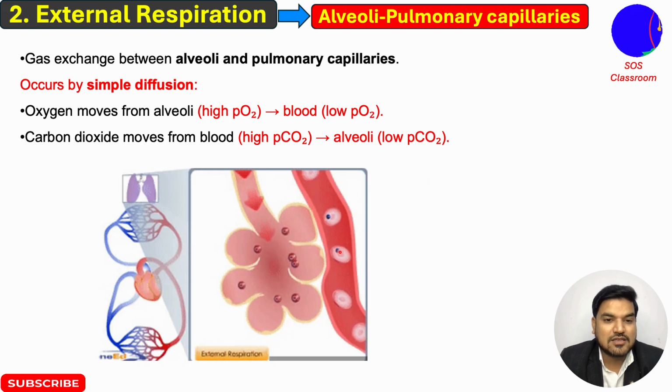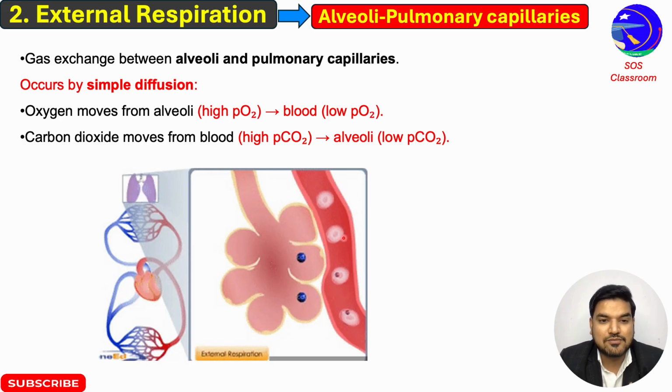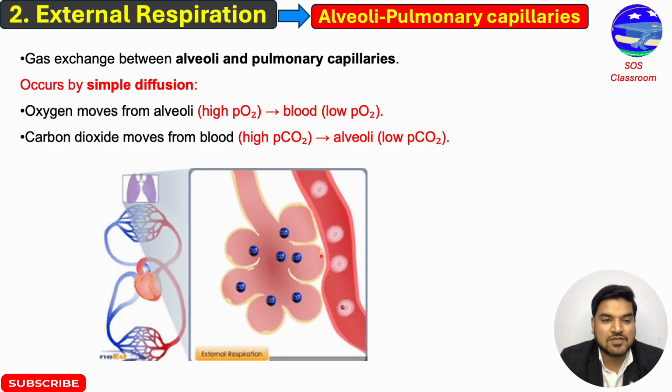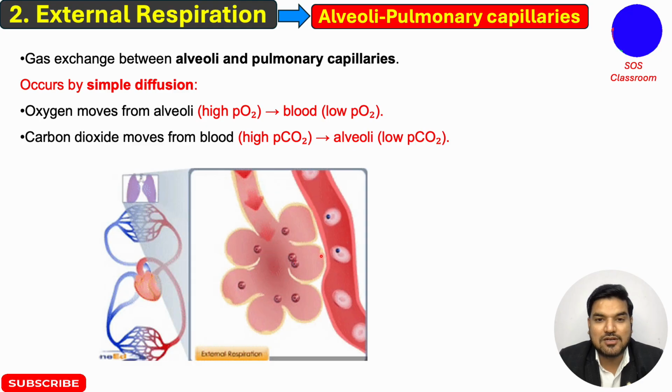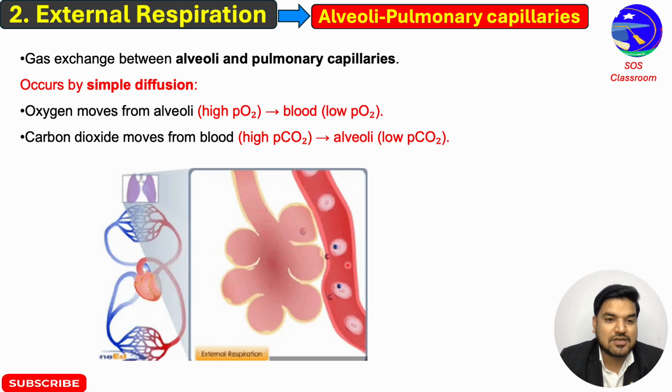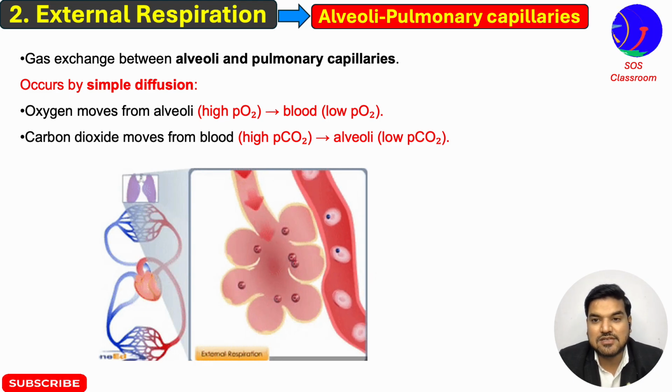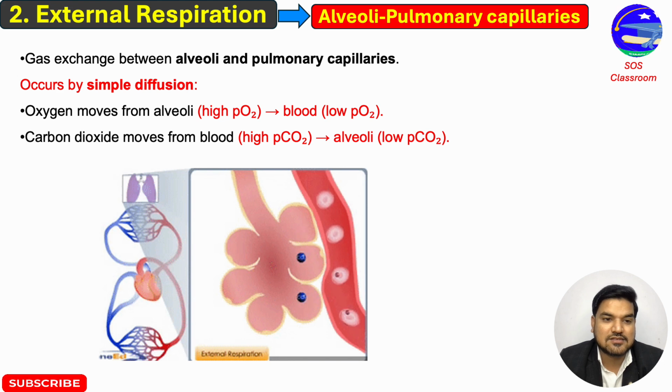Then carbon dioxide moves from the pulmonary capillaries to the alveoli. So this is also simple diffusion. By simple diffusion, oxygen moves into the pulmonary capillaries and carbon dioxide moves into the alveoli. This is called external respiration, which occurs inside the lungs.